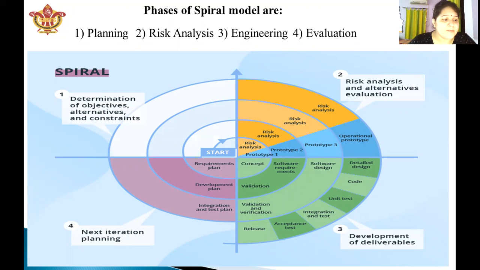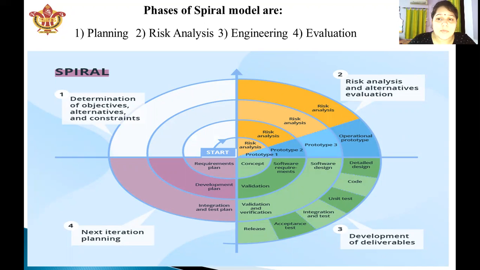In planning, first of all, we determine the objectives, alternatives, and constraints, right? Then we can start the process. In the planning phase, we study and collect the requirements through communication between the customer and the analyst. This phase also involves cost estimation and reducing iterations.